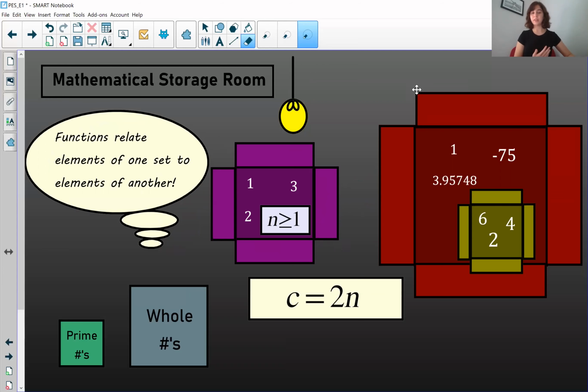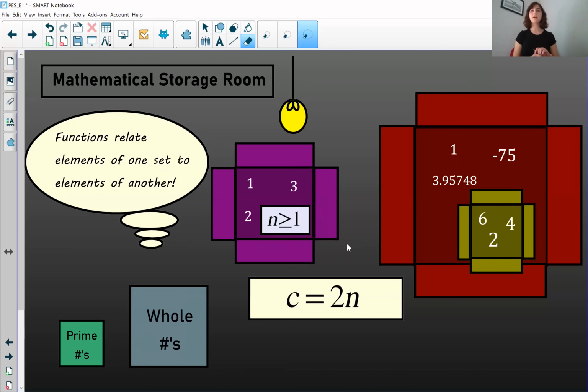So I'm a big fan of cookies, and here's my cookie function. n represents the number of cookies that I buy, and C will be the total cost of my cookie purchase. And so now the way that we're relating our sets is kind of changing. So I can't have negative cookies. So now I have to adjust my integer set, and I want to make n greater than or equal to 1.